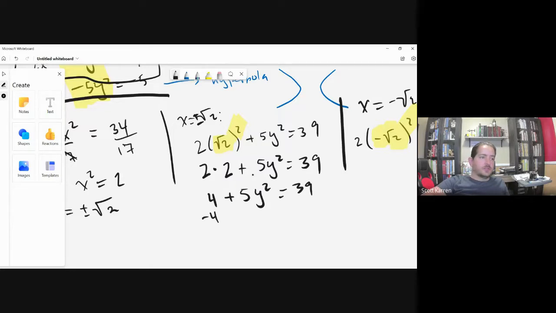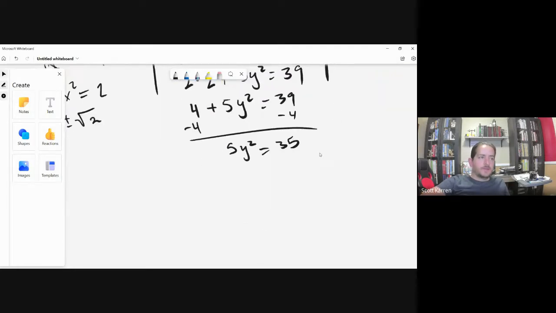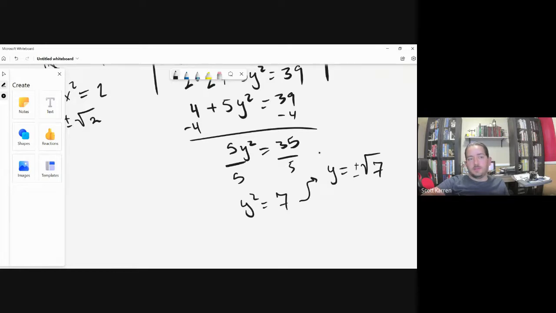If I subtract 4 from both sides, then I've got 5y squared is equal to 35. And if I divide each side by 5, then I end up with y squared equals 7. And again, if I take the square root here, then I get y equals positive or negative root 7, right?